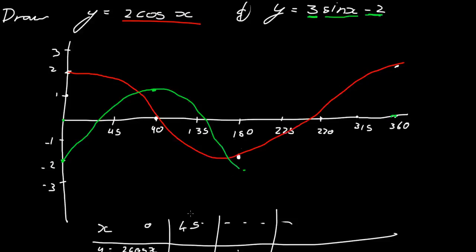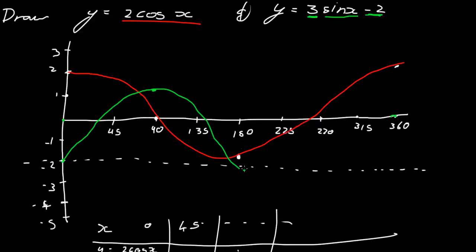Oh no, I lie. Remember, minus 2 is our center line. So let's not be dumb. Minus 2 is the center line of our graph. Okay. So at 180 degrees, we're going to need to put in a couple, minus 4, minus 5. Okay.